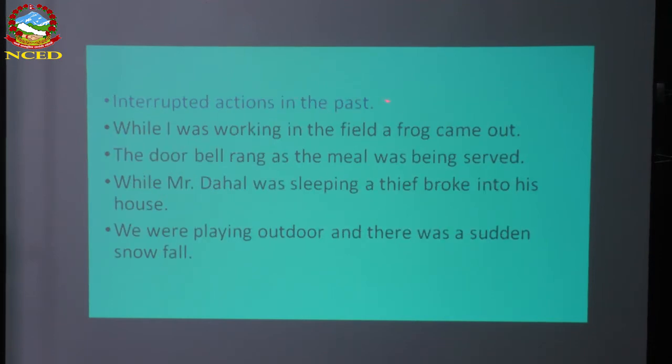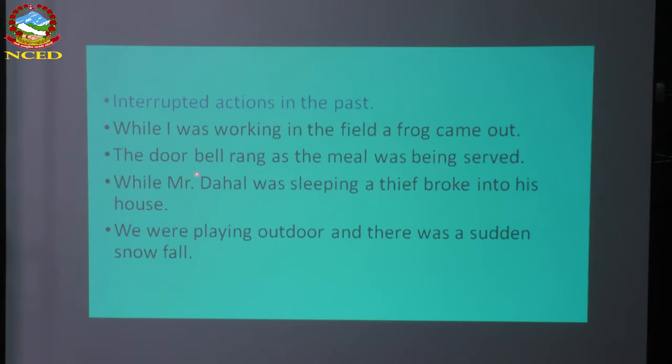Next point, interrupted actions in the past. The actions are interrupted. Example, while I was working in the field, a frog came out. See, the working in the field is interrupted by the frog. Frog came out, that's why the work is interrupted. The doorbell rang as the meal was being served. Meal was being served at that time.